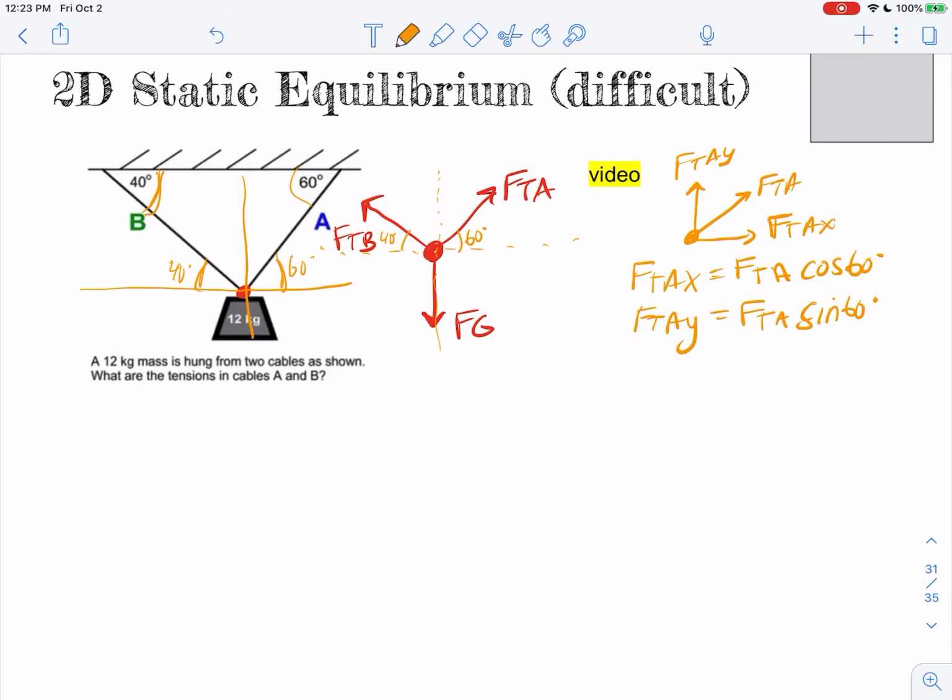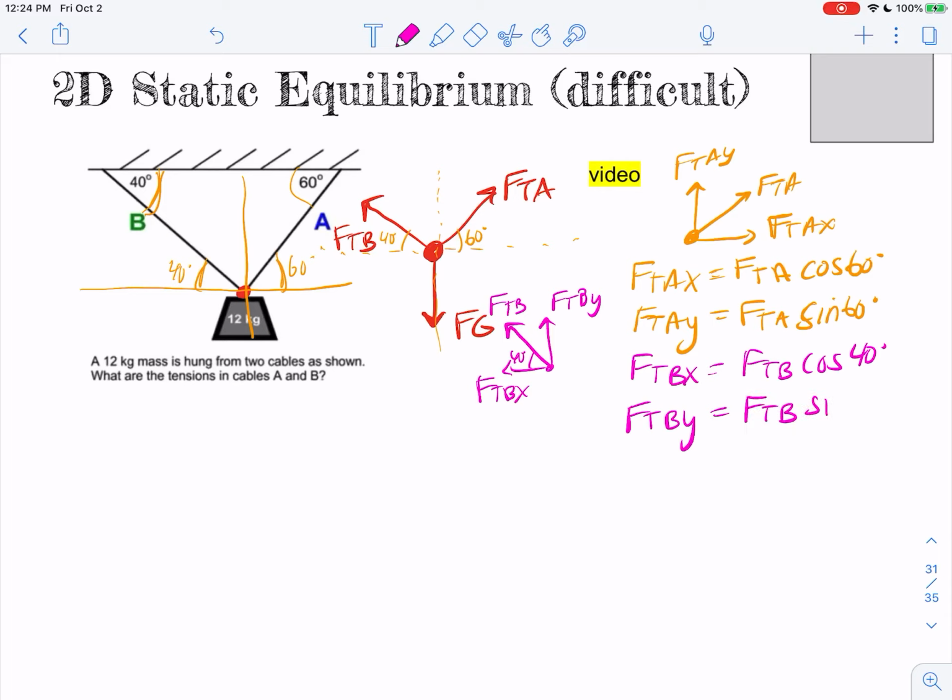Same thing for the B. If I face the B, it's kind of like that way. So I have my FTBY, FTB, FTBX. That's my 40. So my FTBX is cosine, and my FTBY is sine. So there's all the components.